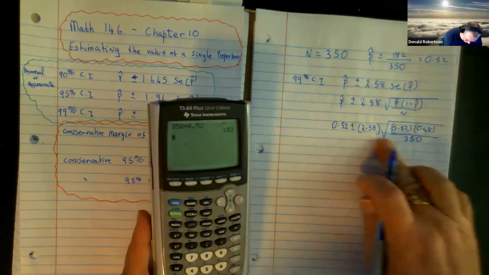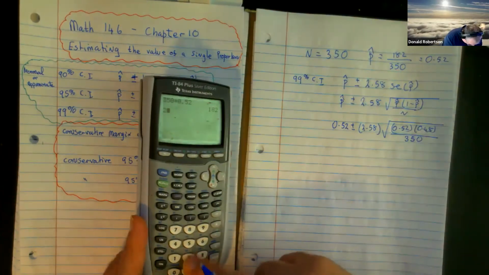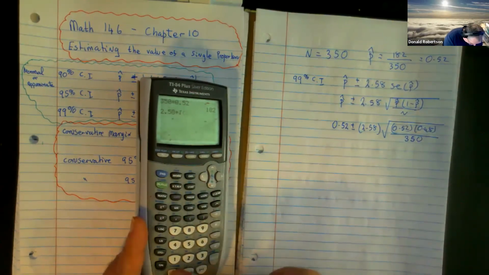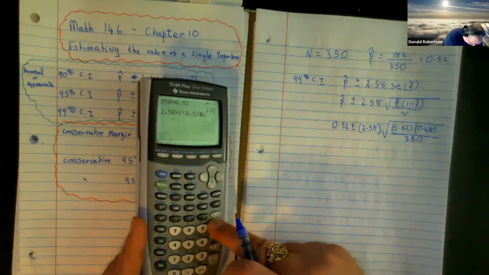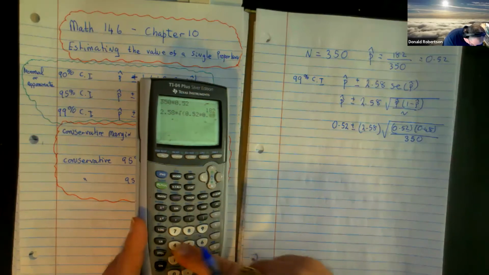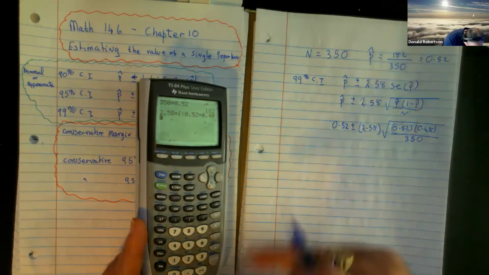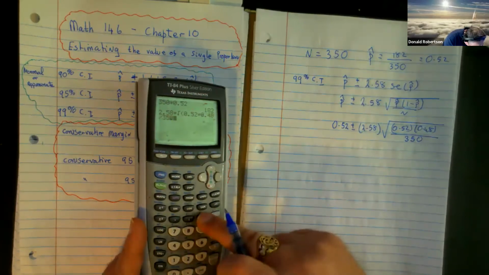So I'm going to get this part first. 2.58 times the square root of 0.52 times 0.48. Oops, and I forgot to divide by 350, didn't I?